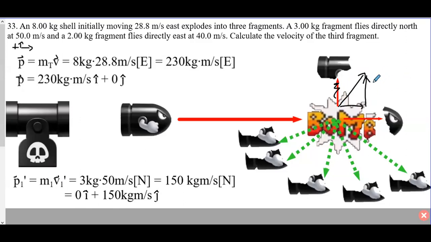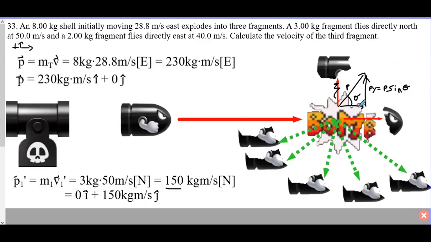Taking my Y direction as an example, I'll call this momentum P. My Y would be whatever my hypotenuse is, so in this case 3 times 50, so 150, multiplied by the sine of whatever that angle is, and that will give me my Y component.